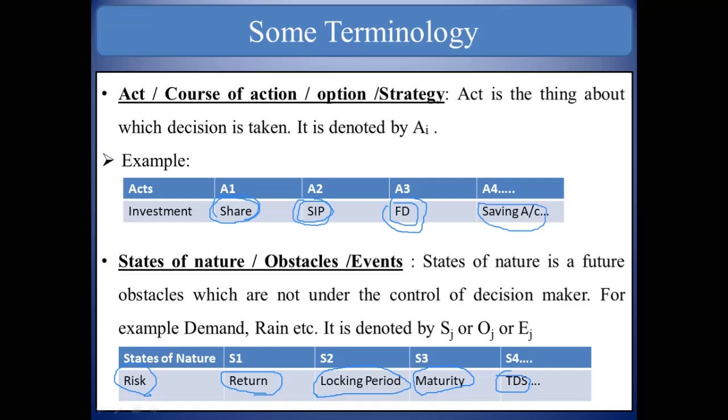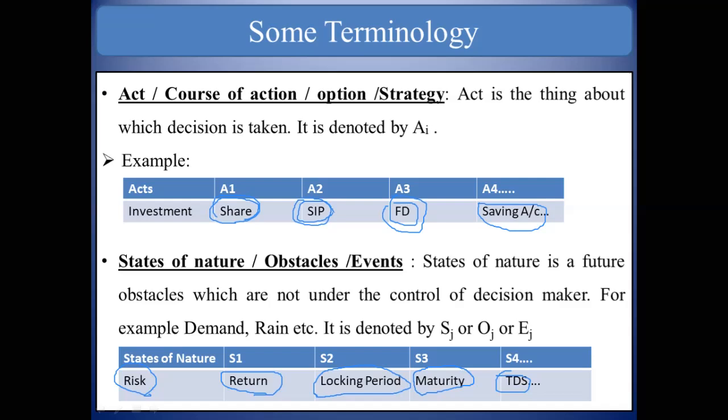So states of nature is nothing but future obstacles which are not under the control of the decision maker. For example, demand might be, sometimes demand is low, sometimes it is medium, sometimes it is very high. Rain, sometimes it is moderate, sometimes it is little, sometimes it is heavy.